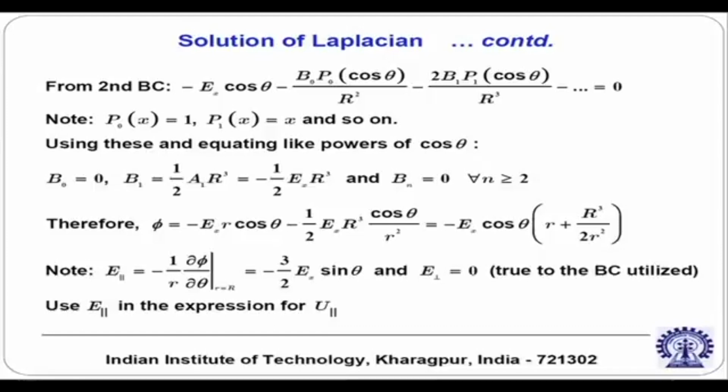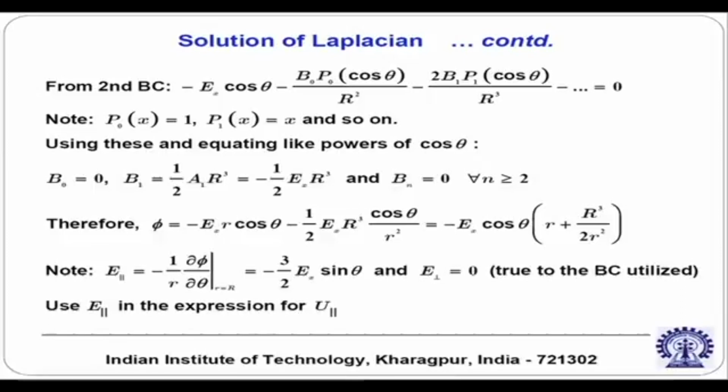So, the cos theta becomes minus sin theta basically. And E perpendicular is 0, and that is obvious because the no penetration boundary condition was there to constrain this. So, the solution must satisfy that. So, you get an E parallel and E perpendicular.